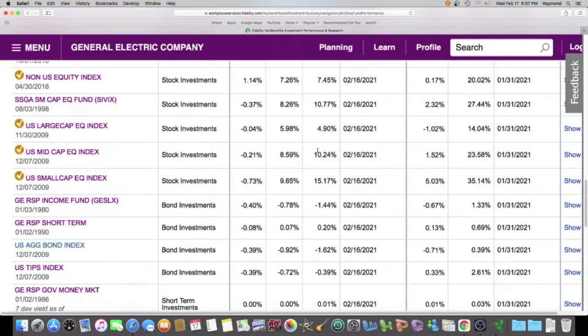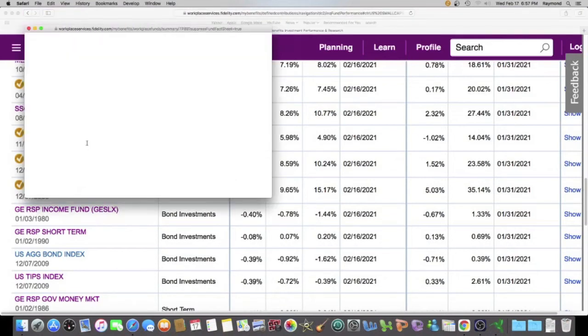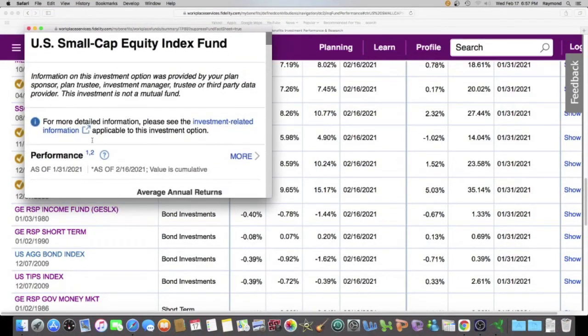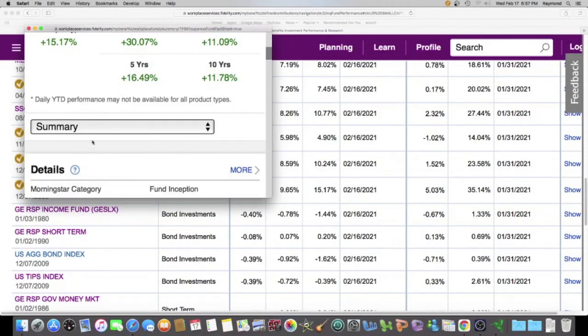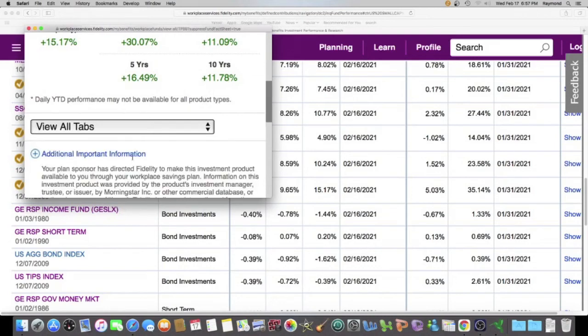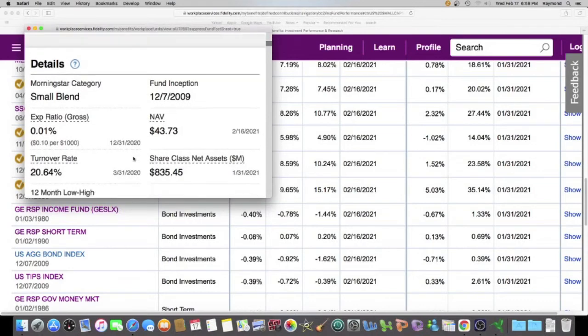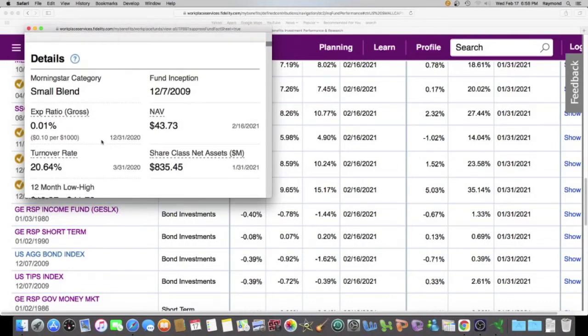And while we're here, I want to show you something in terms of similar funds but different fees. So I am in this fund. It says US Small Cap Equity Index. So let's open it up. And we want to go to this tab and click on View All Tabs. And what I want to show you guys is the expense ratio gross.